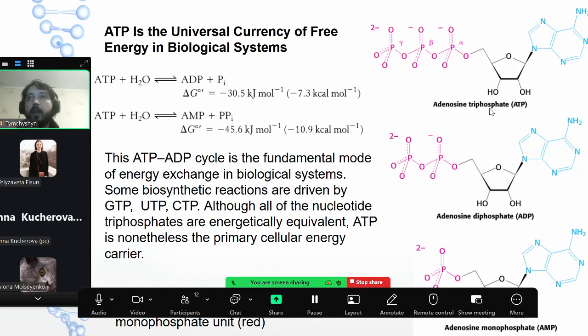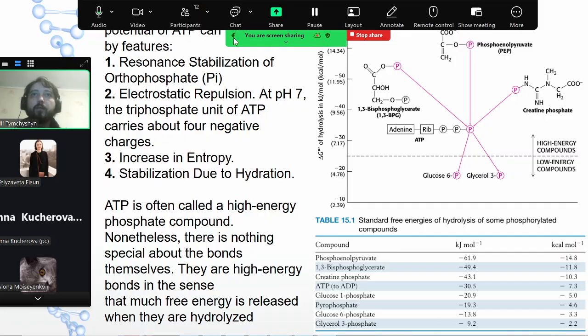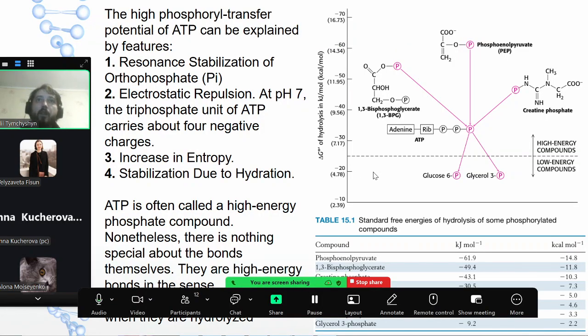Here you see ATP, and you can see the adenine in blue, ribose in black, a sort of sugar, and you see that different numbers of phosphate units give you triphosphate, diphosphate, or monophosphate. Some biosynthetic reactions are driven by GTP, UTP, CTP, but they are pretty much the same in terms of energy. So you should not bother with that.